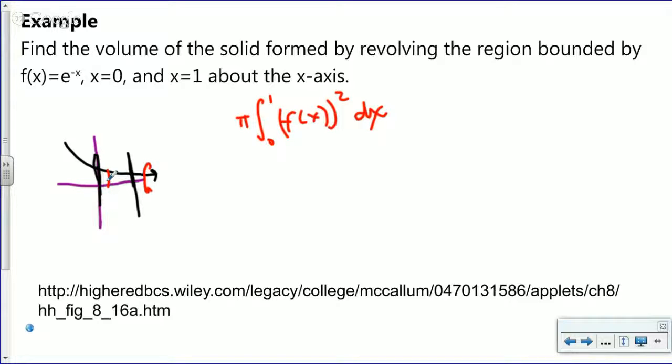Maybe it kind of looks like a horn, yeah, or like a speaker. If you want to go to this website here, you can play with that shape and take a look at what it looks like. But again, it's not necessary to be able to visualize these three-dimensionally in order to find their volumes.